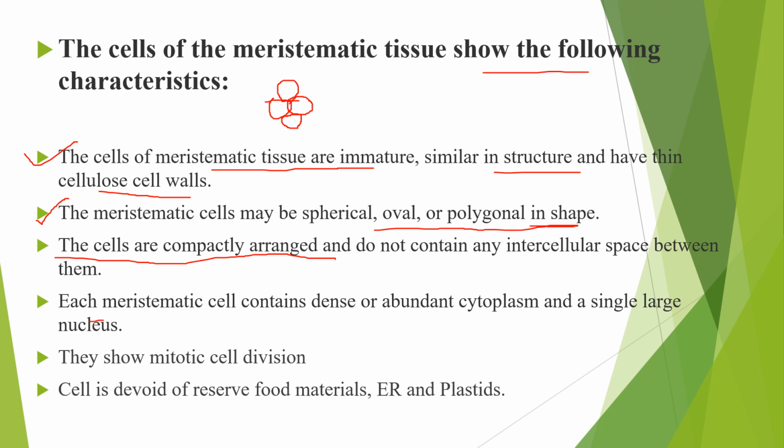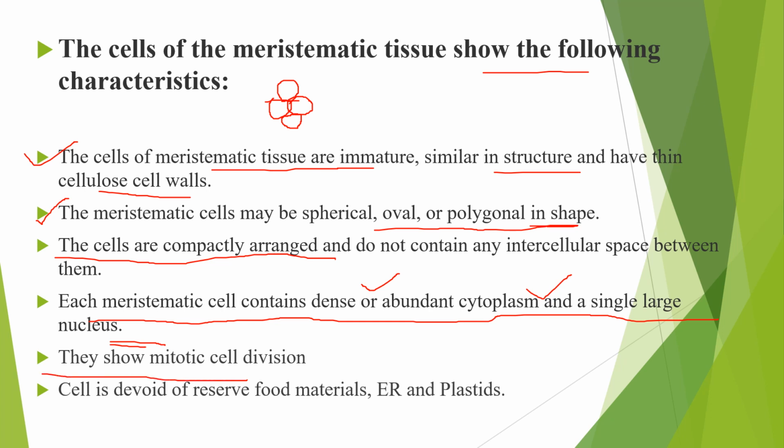Next, each meristematic cell contains dense and abundant cytoplasm and a single large nucleus. Then they show mitotic cell division. When the meristematic cells grow, they divide by mitosis.